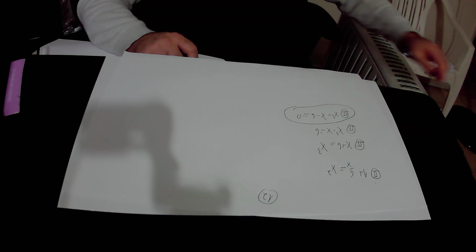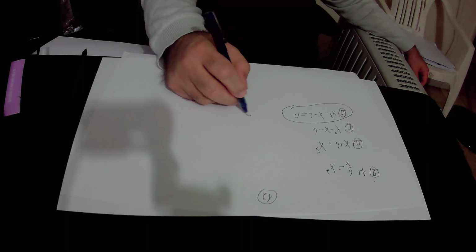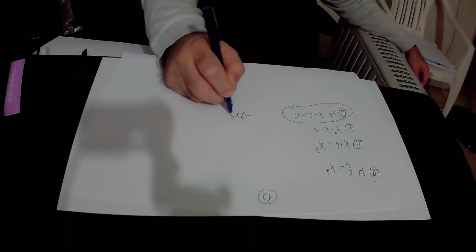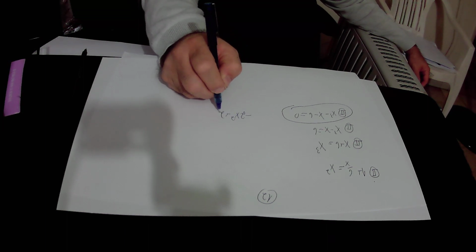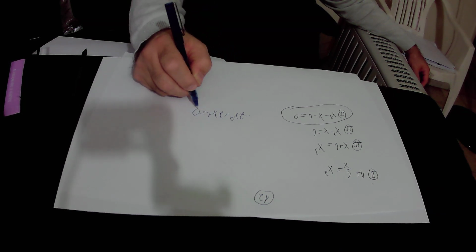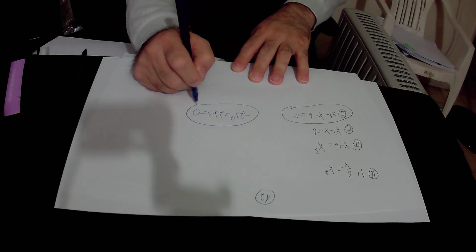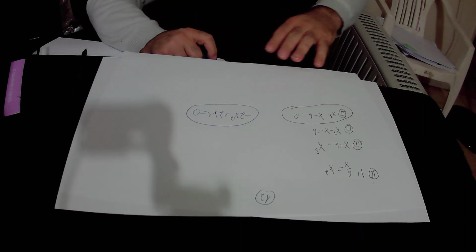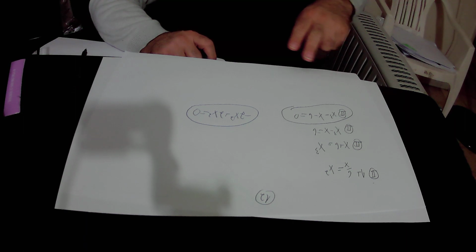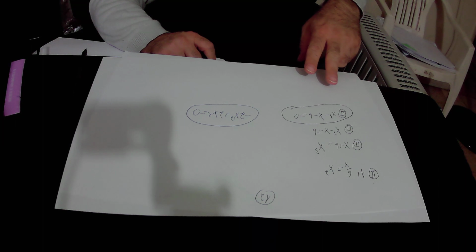Here we know that minus 2x squared plus 2x squared equals 0, of course. So we will add minus 2x squared plus 2x squared to equation number 2.